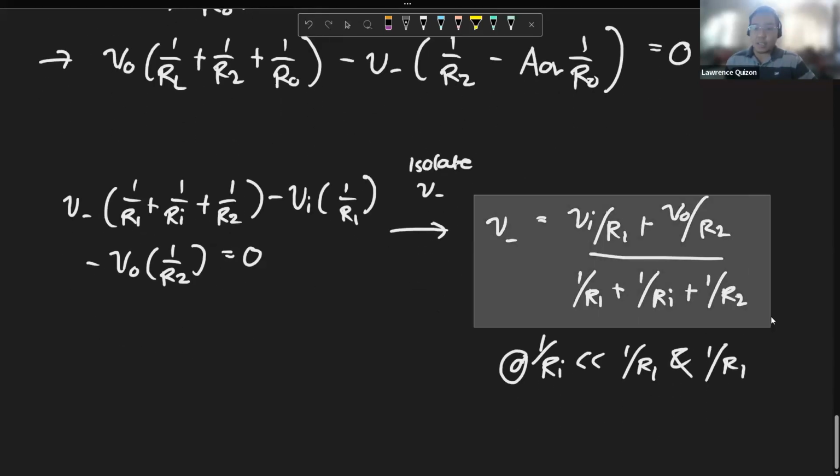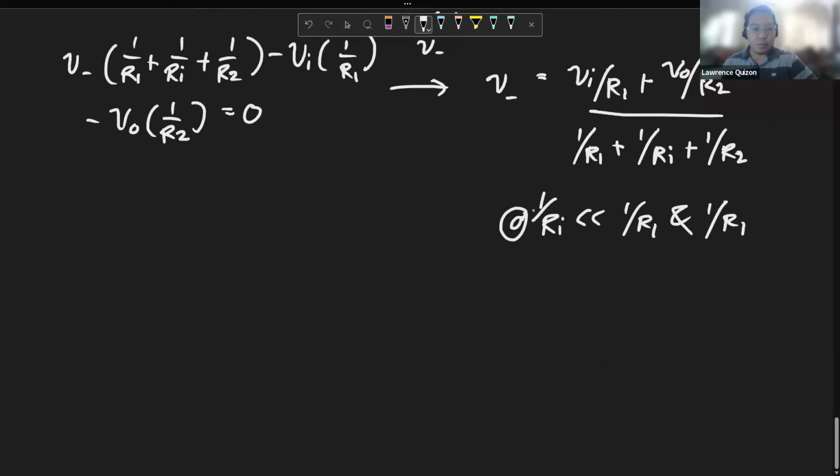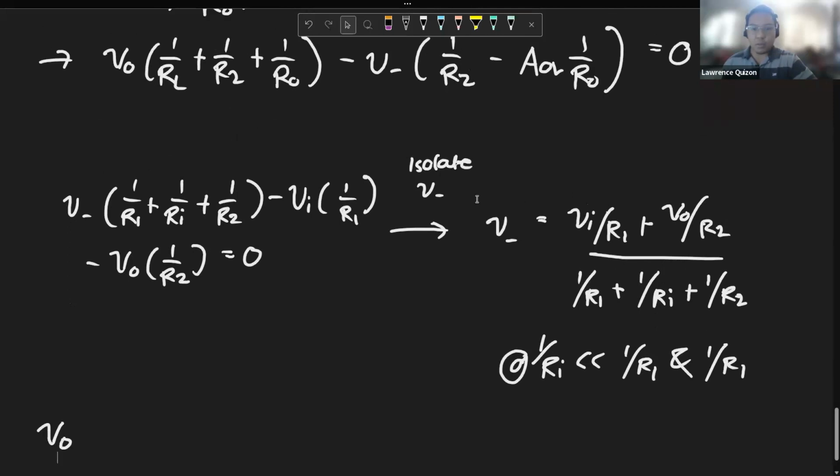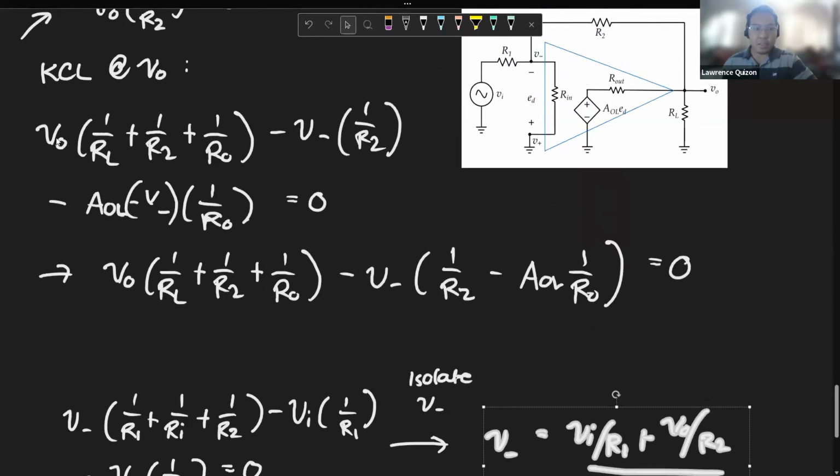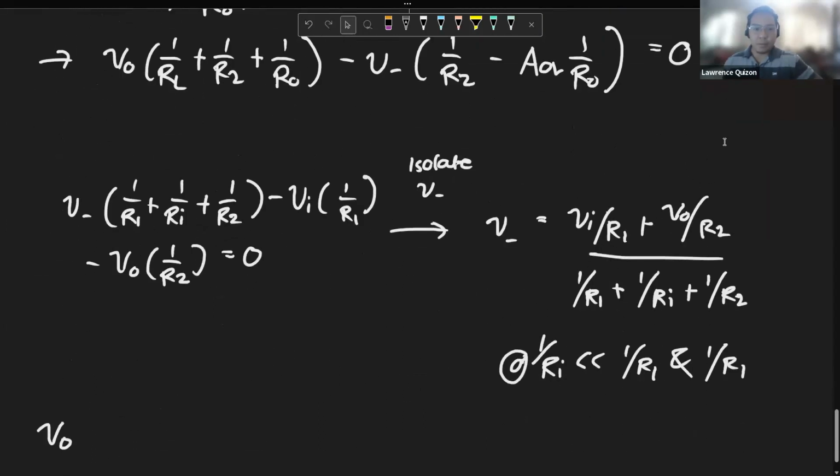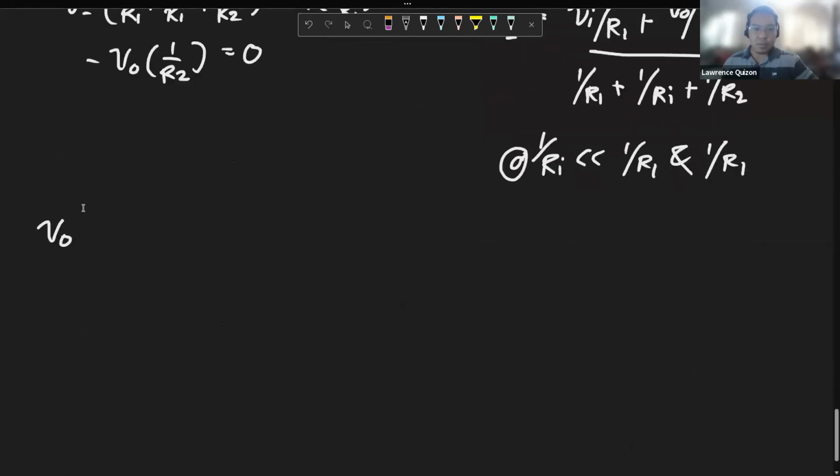Sige. So that's isolated V minus. And then if you do that, you'll get something like this. So, na-isolate na natin si V minus. So, i-insert natin siya dun sa KCL at V out natin dito. So, let's copy paste this.